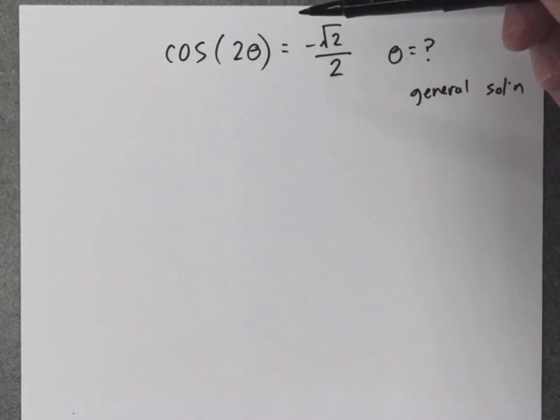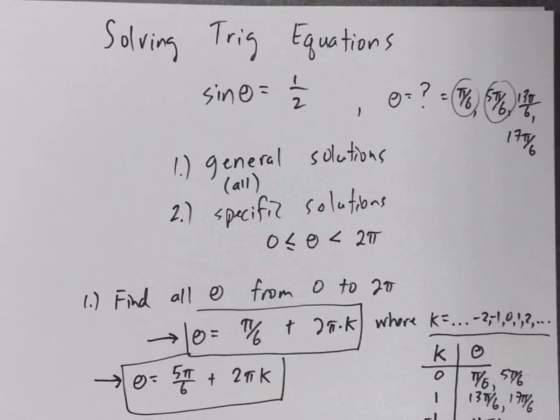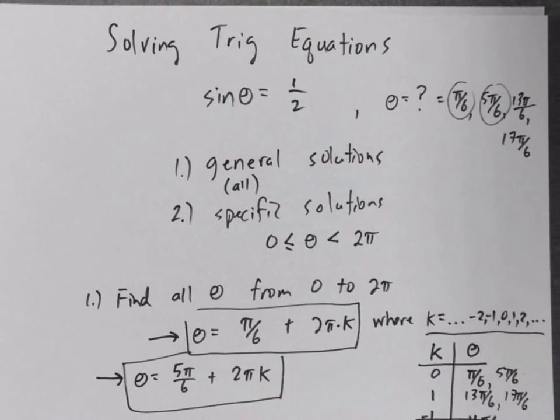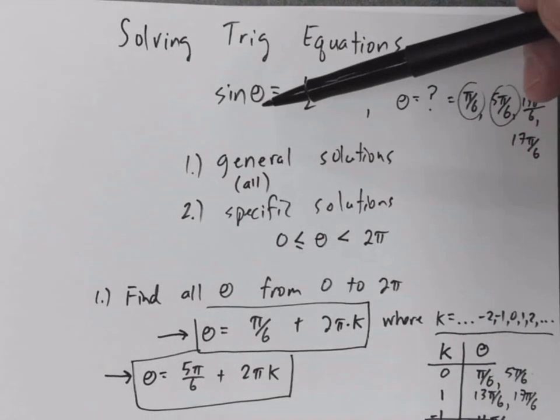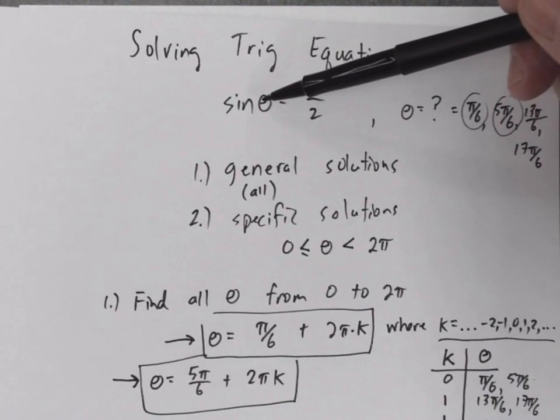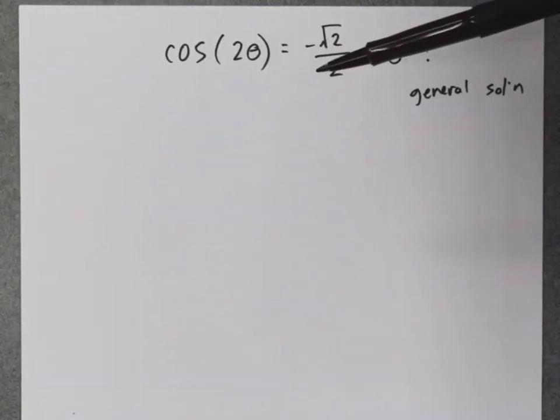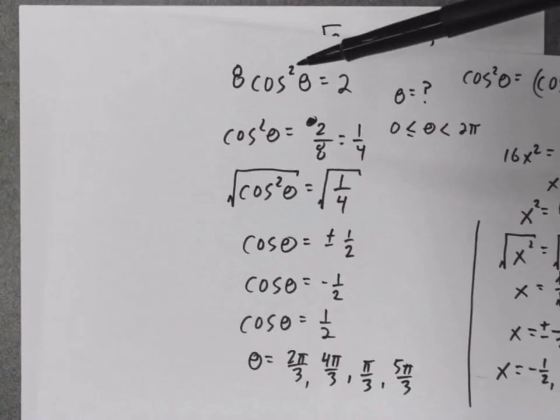If I grab all the problems we've done where we've solved trig equations, and you look at all the trig functions, look here, sine of theta. How about this one?